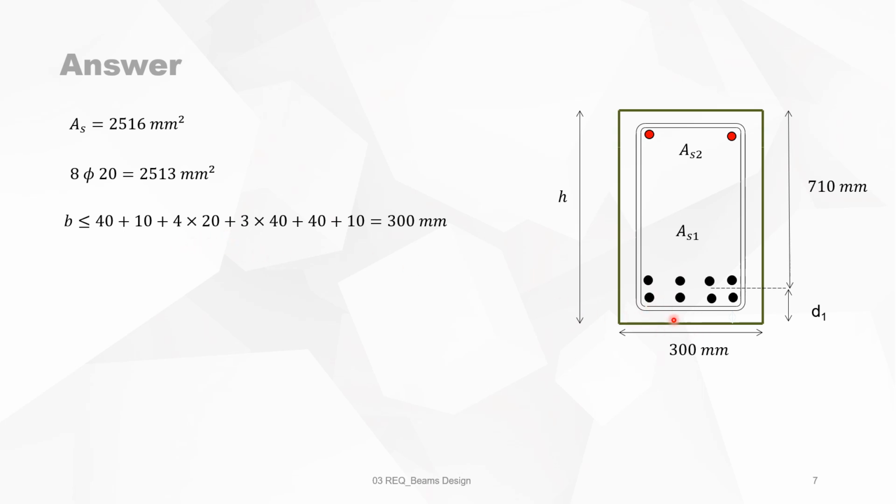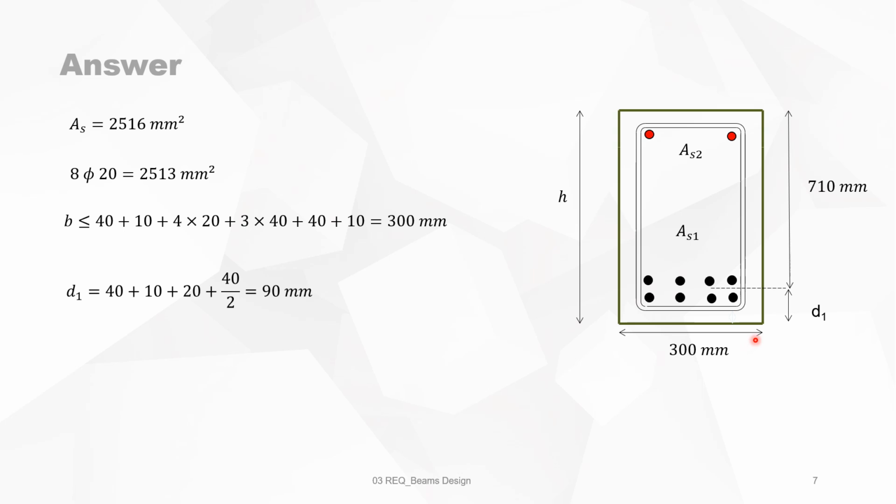So we can only put 4 diameters 20 per layer, taking care that the distance between the reinforcement must be at least 40 millimeters. So we need 2 layers. The distance between the 2 layers is of course also 40 millimeters. And that's the position of the 8 diameters 20.